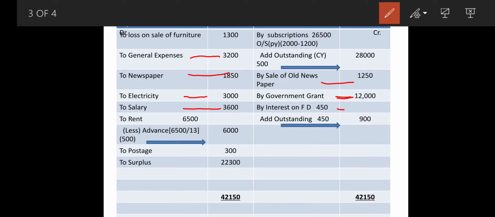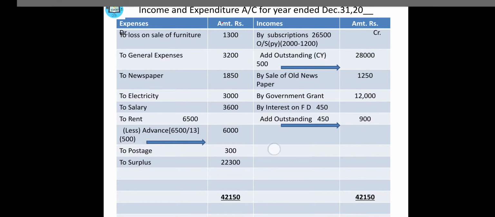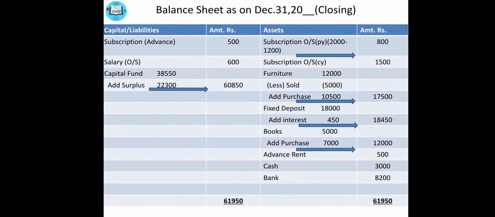Then comes your postage charges. Come to your income and expenditure debit side, postage charges. Then comes your furniture. Again, this is of capital nature. Then cash in hand and cash at bank. Have you observed this? This is closing cash in hand, closing cash at bank. So come to your closing balance sheet and over there on the asset side you can write it down.